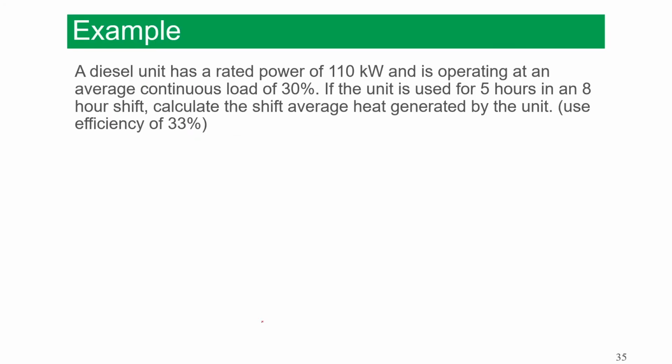Let's take one example here. A diesel unit has a rated power of 110 kilowatt and is operating at an average continuous load of 30%. If the unit is used for 5 hours in an 8-hour shift, calculate the shift average heat generated by the unit. Efficiency is 33%.